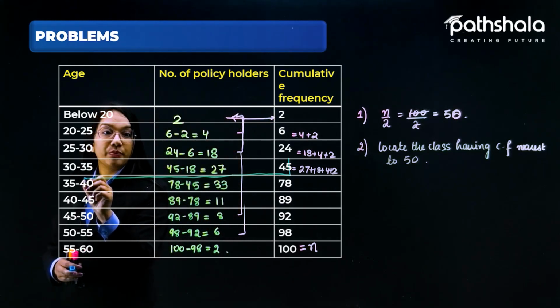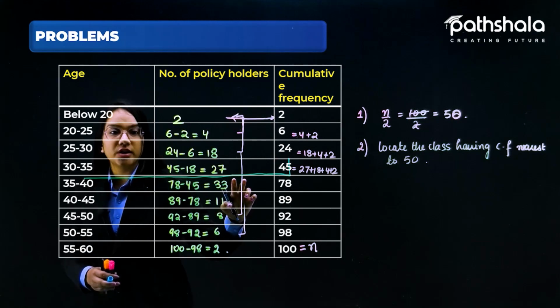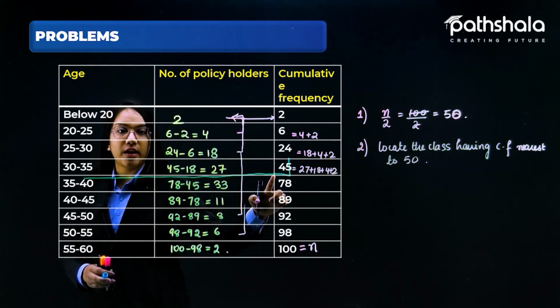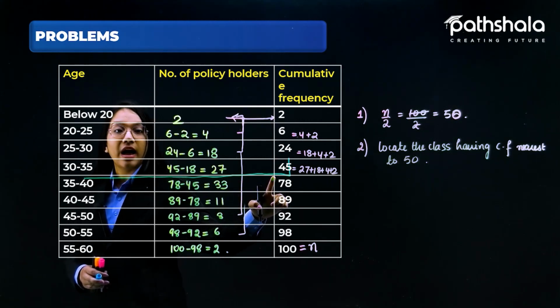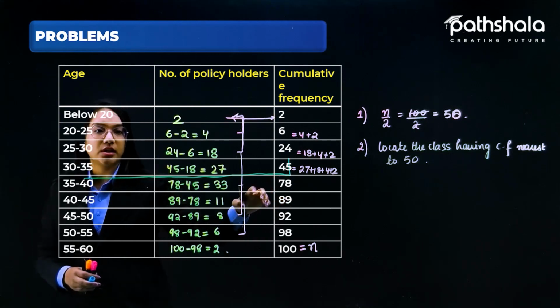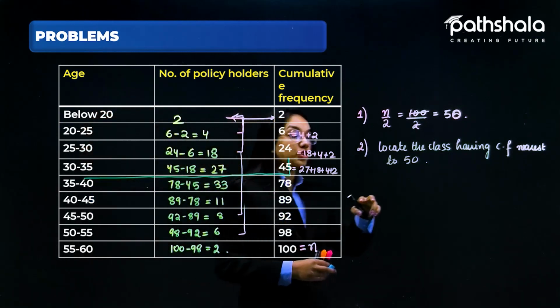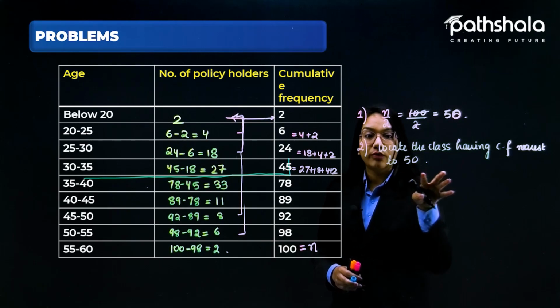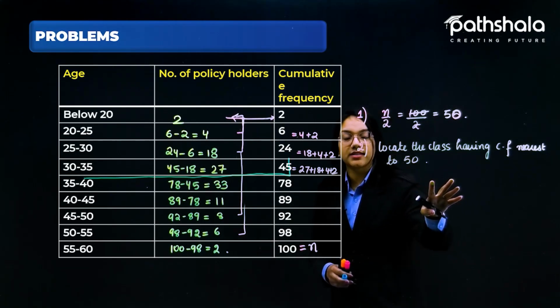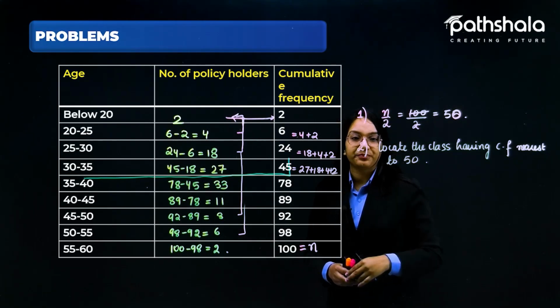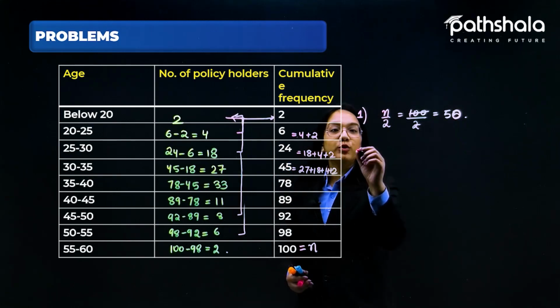We are taking the value nearest to 50, or we can take it as greater than 50. So now we have to locate the class.